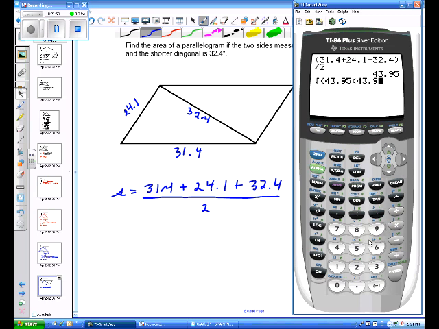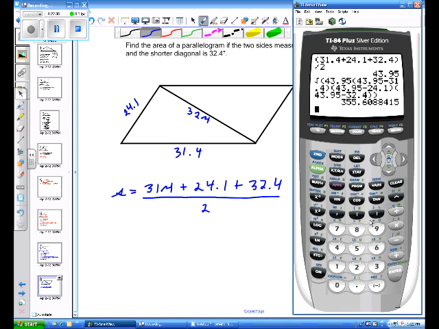So 43.95 minus, I'll just start with here, 31.4, close, open, 43.95 minus 24.1, close, open, 43.95 minus 32.4, close, close. So that area for that triangle is 355.6.